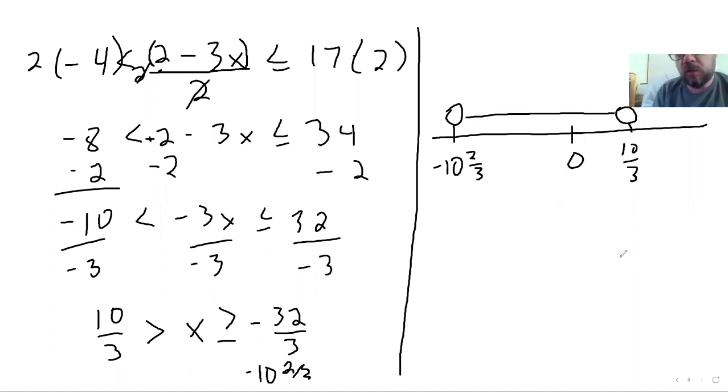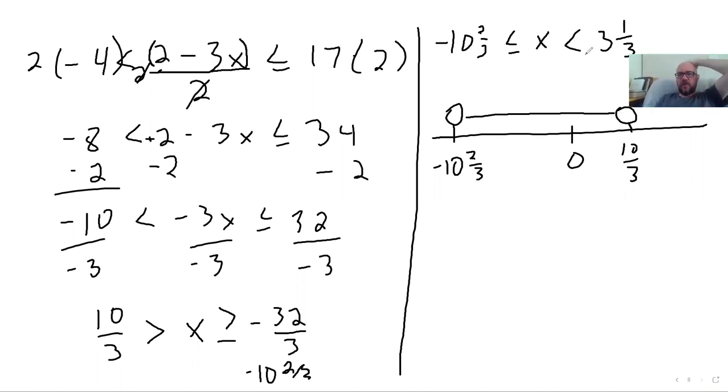So my inequality that I'm going to write looks like this: minus 10 2/3 is less than or equal to x, which is less than 10/3, which is 3 1/3, I guess. If I'm going to use mixed numbers, I'll use all mixed numbers.